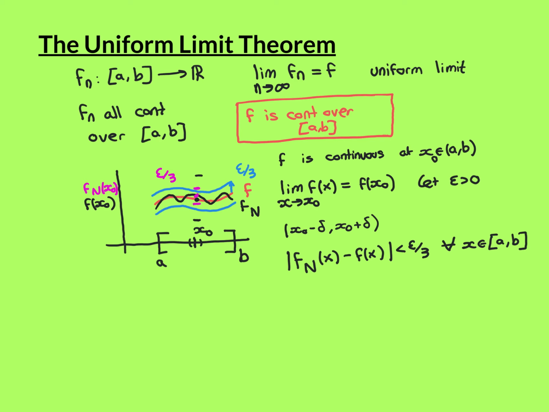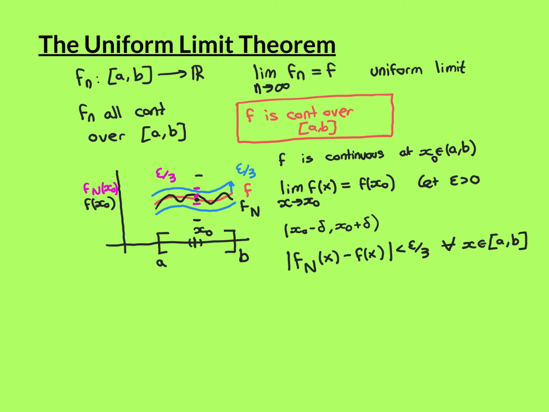This is f big N at x0 here, and I'm going to use epsilon over 3 again. So this is an epsilon over 3 interval around f big N at x0, and by continuity I can find a delta interval from x0 minus delta to x0 plus delta, such that that entire interval is mapped into this interval of radius epsilon over 3 around fn x0.